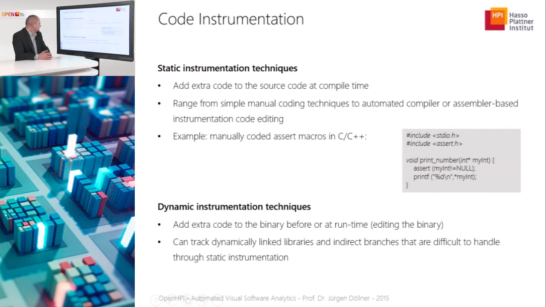This way we can track dynamically linked libraries and indirect branches that are difficult to handle through static code instrumentation techniques. So that's a key difference. Static instrumentation techniques operate at compiler level, whereas dynamic instrumentation techniques operate at the binary level of a source code or of a software system.